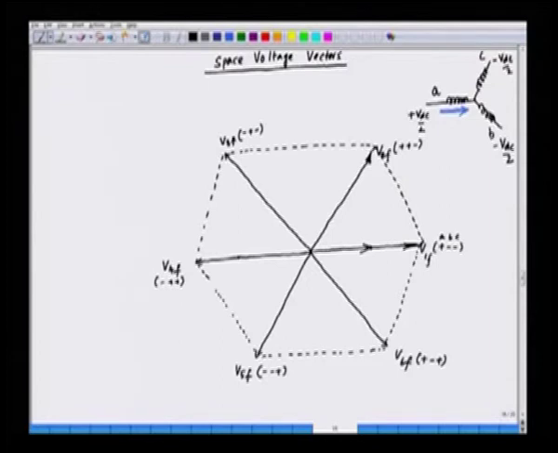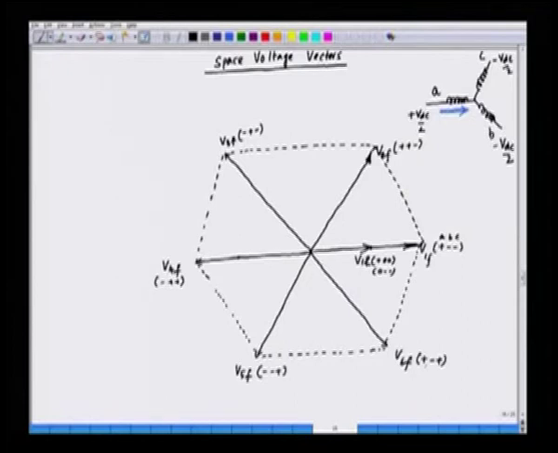The direction being the same, we can get here V1h, and what are the various states in this case? The states could be in this case plus 0 0, or it could be 0 minus minus.